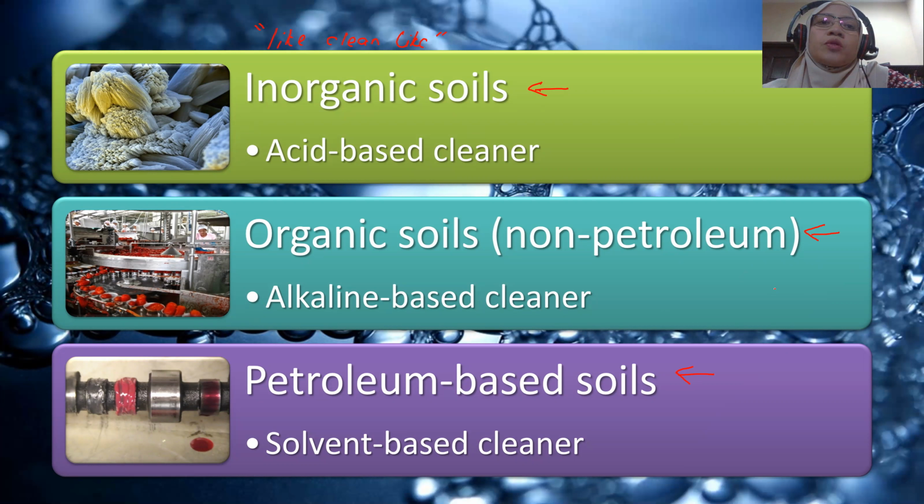Thus, it is important to identify correctly the type of soils prior to selecting the detergent, and the cleaner should be able to induce chemical conversion of the deposit so that it can accelerate the cleaning. Sometimes you may need to combine different cleaners to effectively remove the soil deposit.